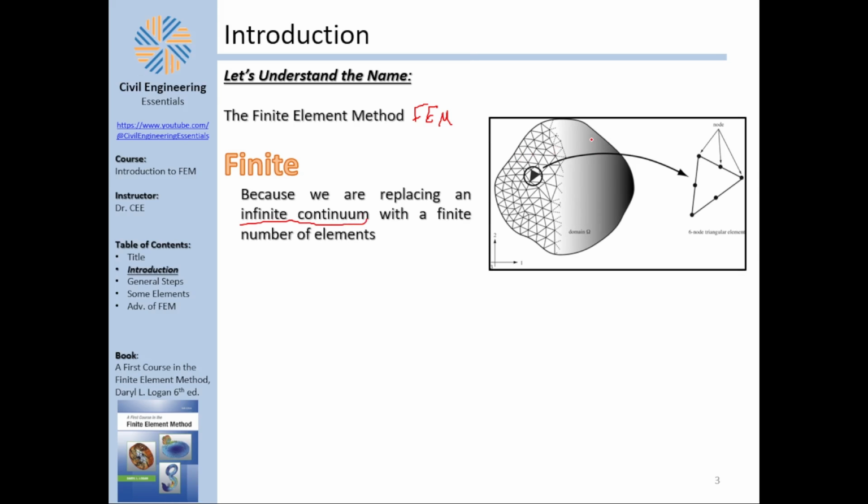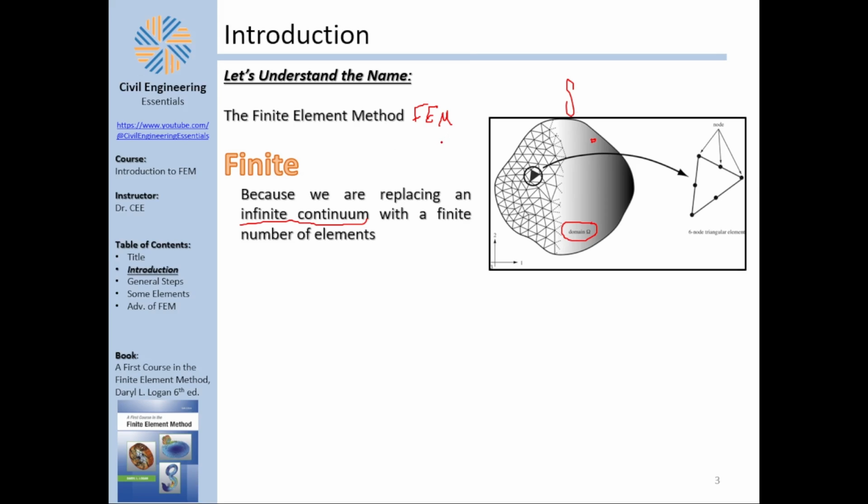You can zoom in as much as you want, and no matter what happens, you have an infinitesimally small element, meaning that your continuum or domain is an infinite number of elements, and that's the reason why you're usually integrating, because you're summing up an infinite number of elements.